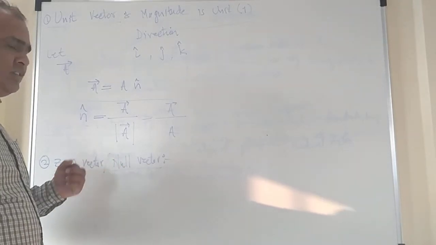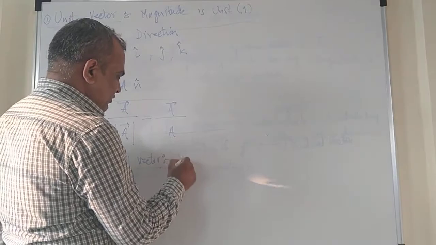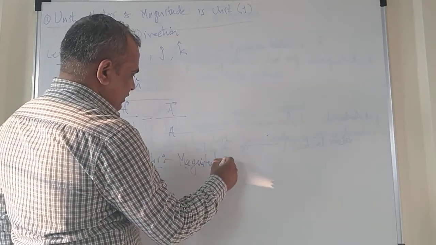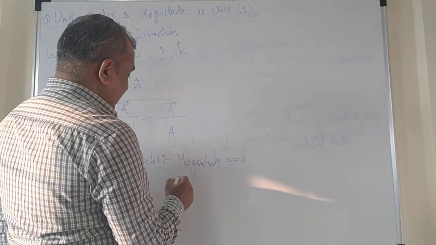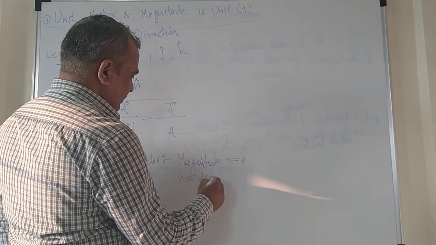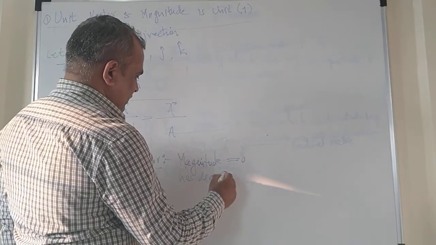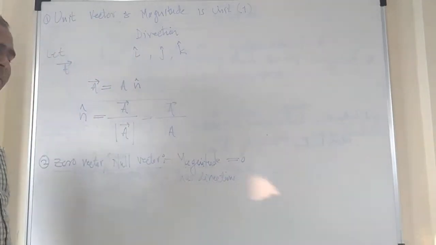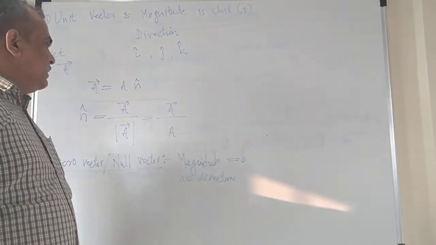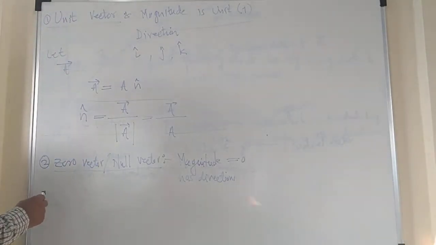So a null vector or zero vector is a vector whose magnitude is equal to 0 but it has a direction. So this kind of vectors are called zero vectors or null vectors. Now can you give me some examples of zero vector or null vector?